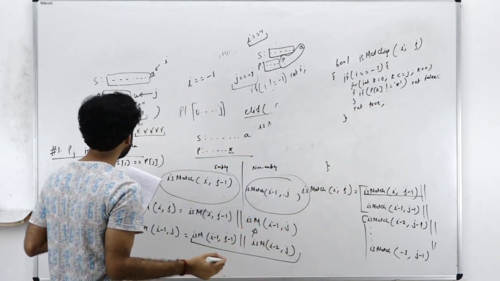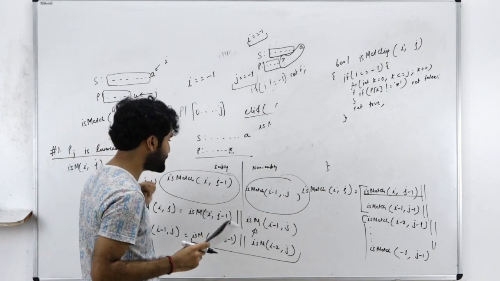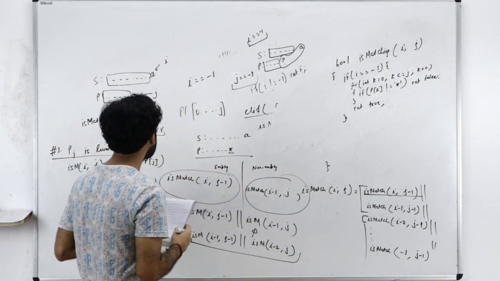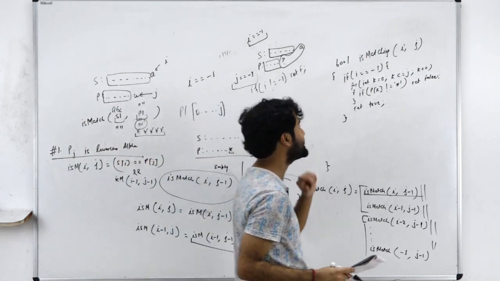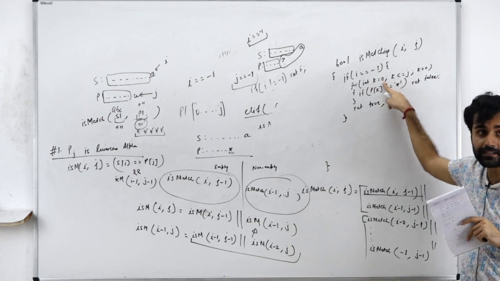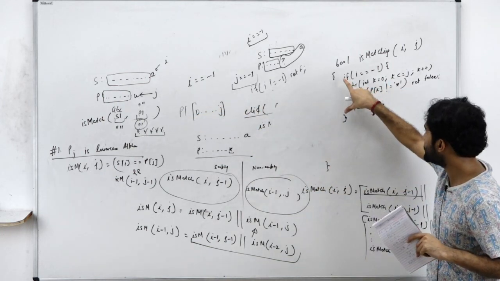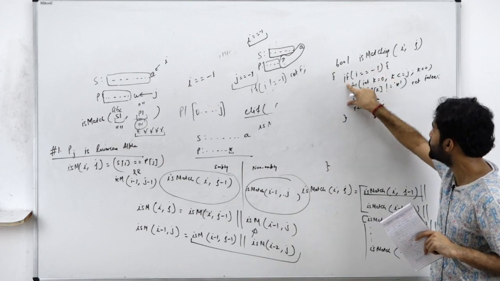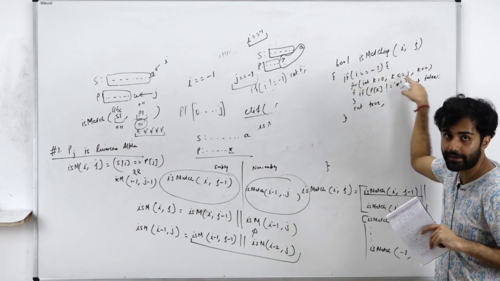Now that you have taken into consideration the case where p1 would be star, star, star, you have automatically taken into consideration the case where p1 would be empty. That is the case where j is -1, because here your k is starting from 0. So let's say your i and j both were -1. In that case, you would have come into this loop because i is -1, but this loop would not run because j is -1.